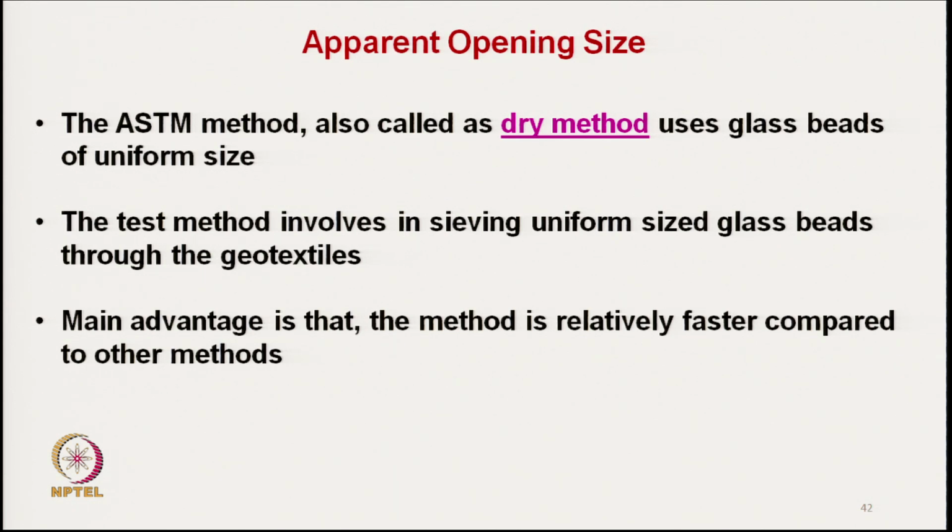It has got some drawbacks, I will discuss, because by this method we cannot test very thick nonwoven fabrics, because the glass beads will get entrapped inside the structure. We can only test the thin geotextile with proper opening.